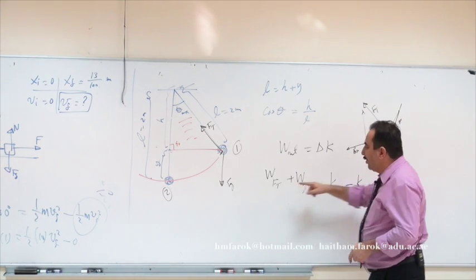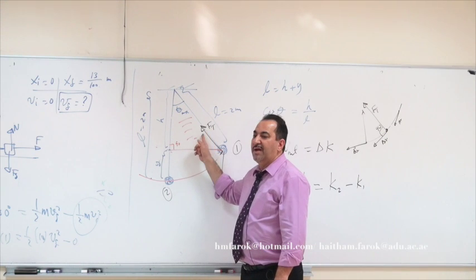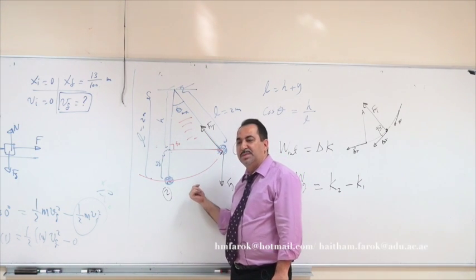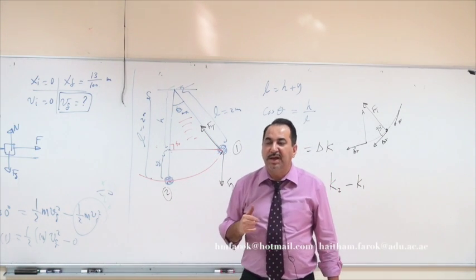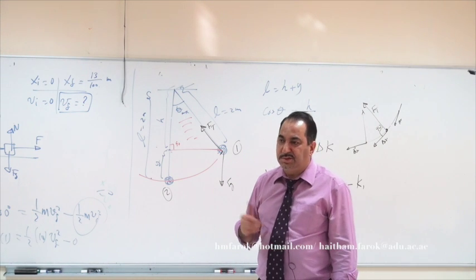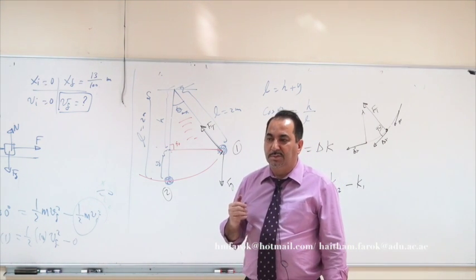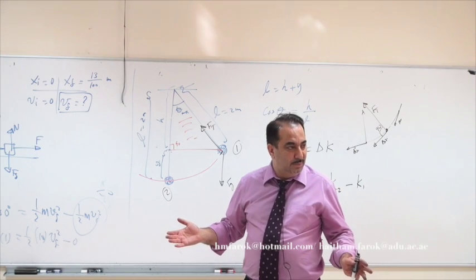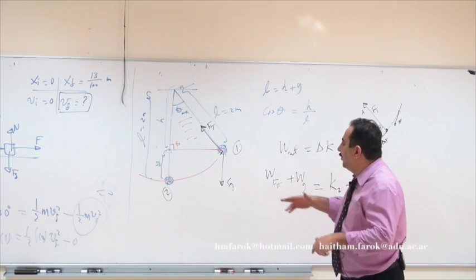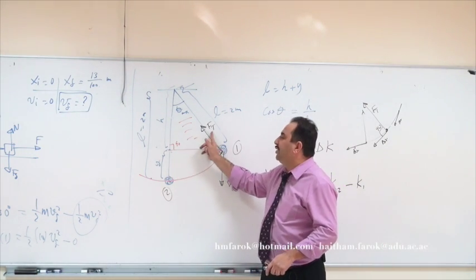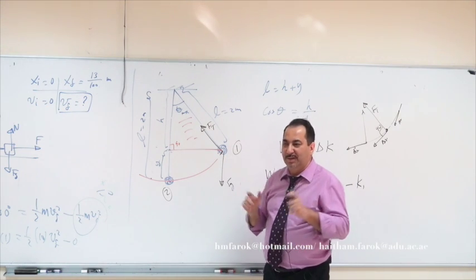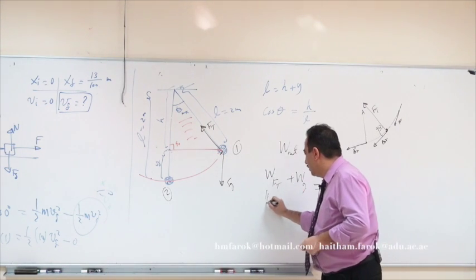So at each point on the path, the angle between Ft and the displacement is 90. Cosine 90 is 0. So how much is the work done by Ft? 0. Which means whenever you have a pendulum, the tension force does no work.